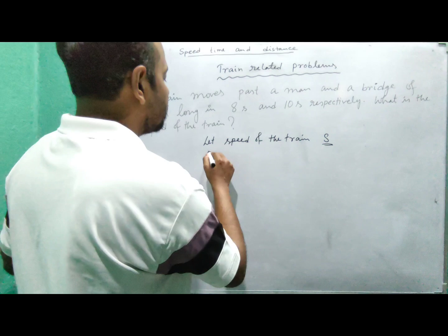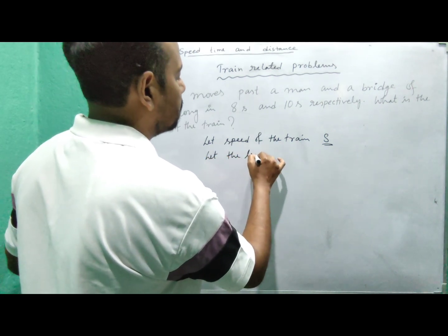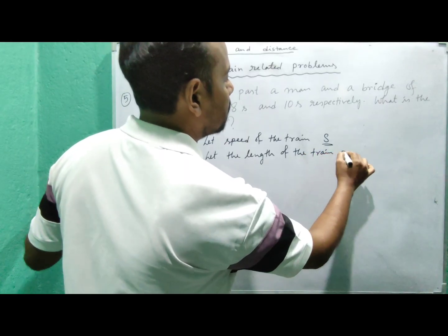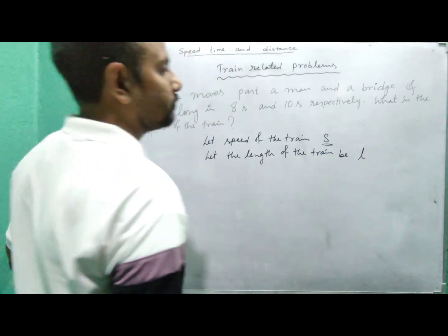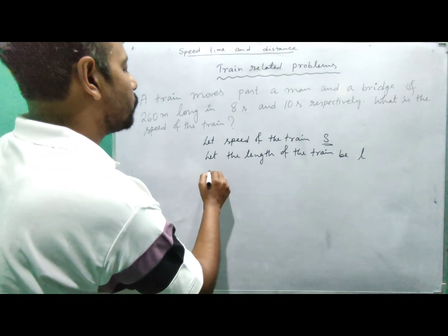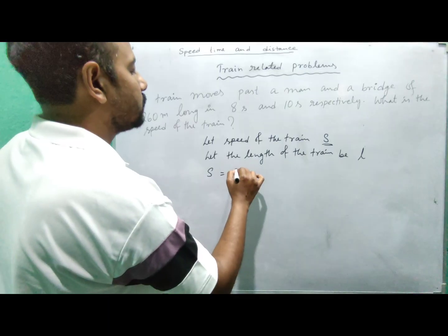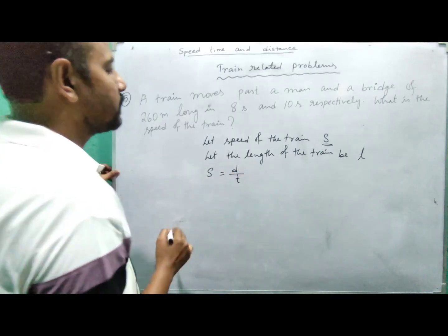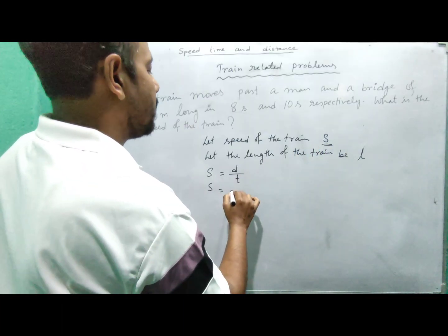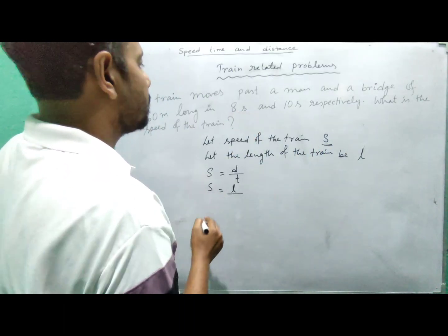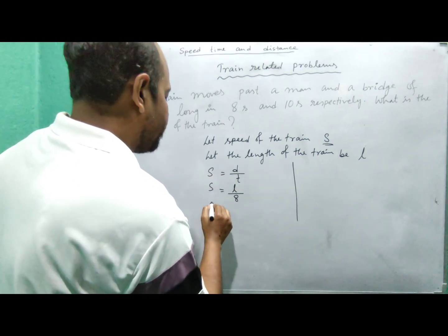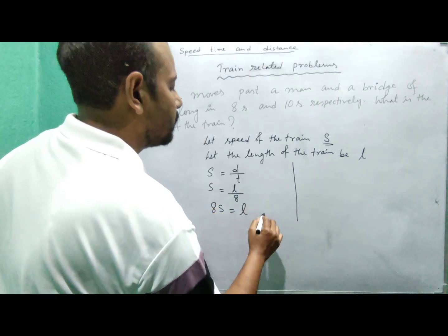Let the length of the train be L. So we know S equals distance by time. So S equals distance L by time, which is given as 8 seconds. So 8S equals L is an equation.